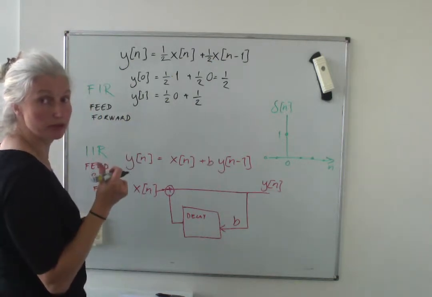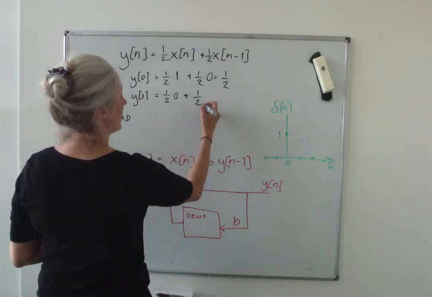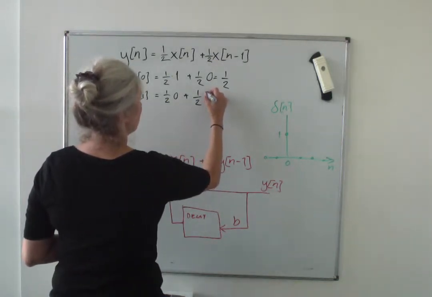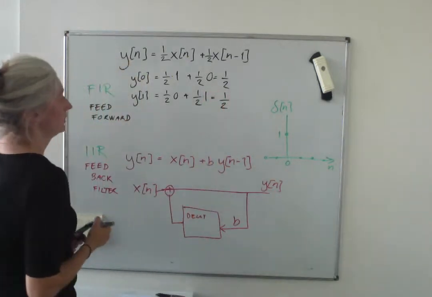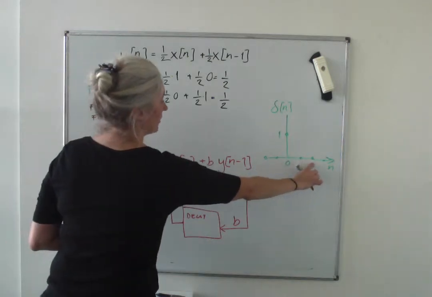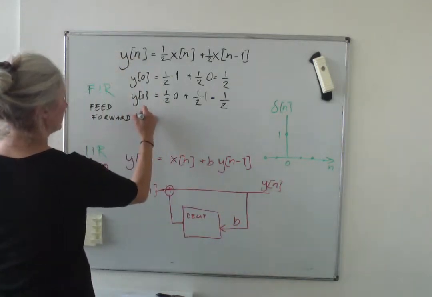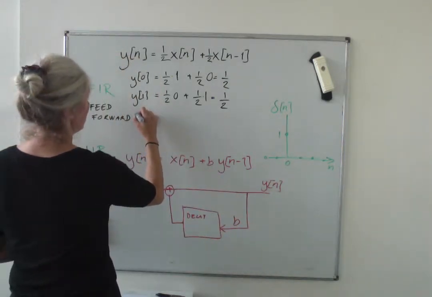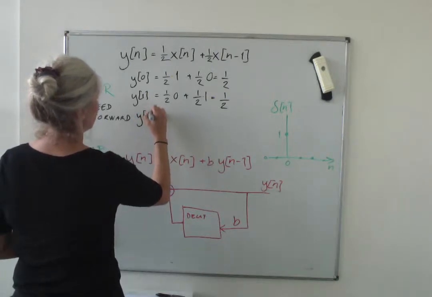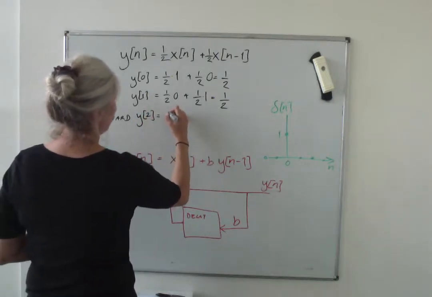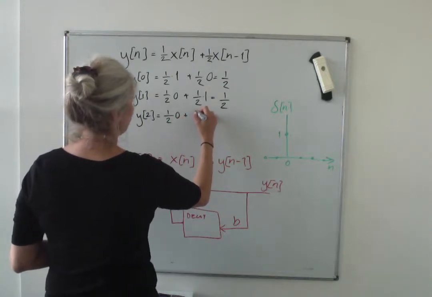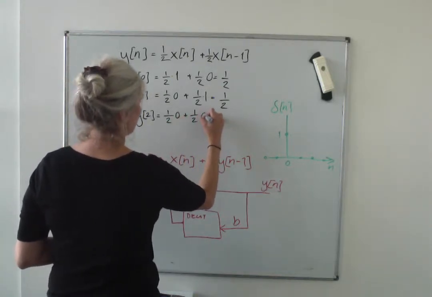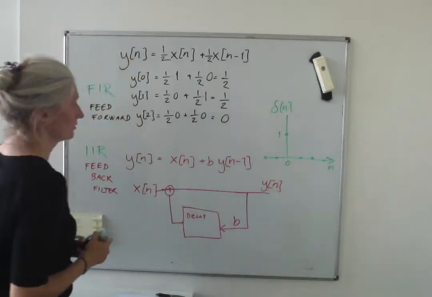So we took the impulse there and we put it in the delay, and now it's coming back, which also gives half. And now we move another one back. But the current input, as well as the previous one, are 0, so now it's 0 out.